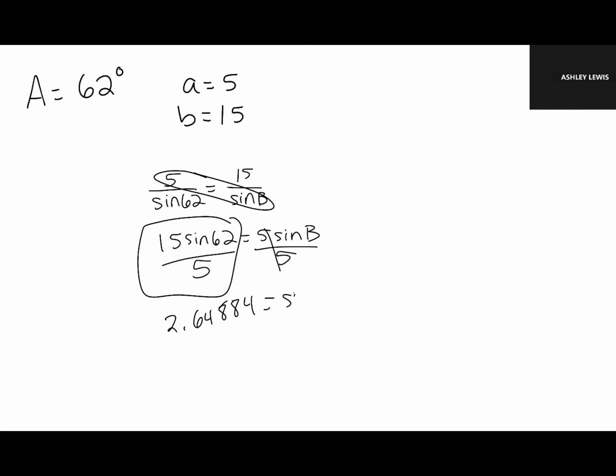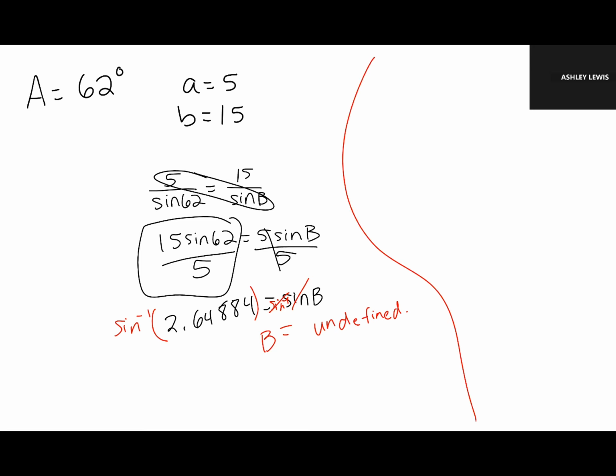And guys, the range of sine is from -1 to +1, so that is not inside of the range. But if you wanted to keep going, to be sure, take the inverse of both sides, those cancel. So b is equal to the inverse sine of 2.64884, and it's going to come out as undefined. So since it's undefined, this is not a triangle.